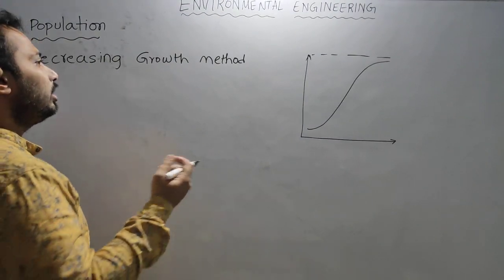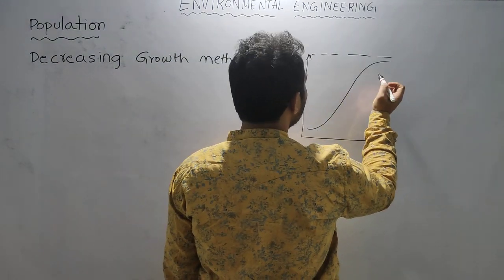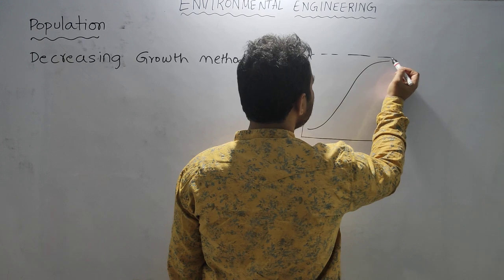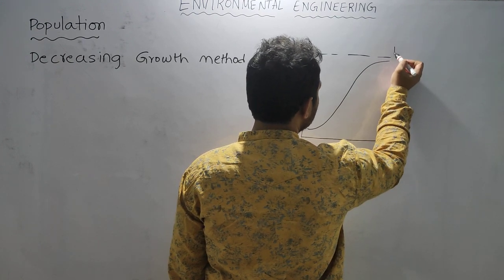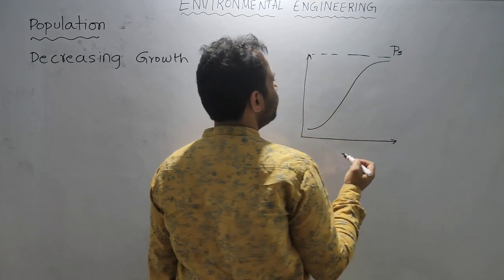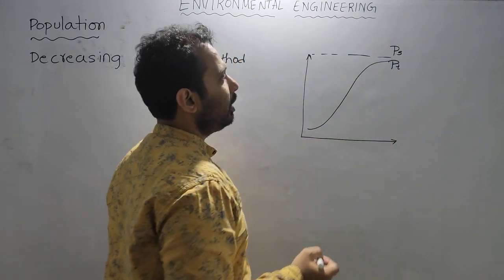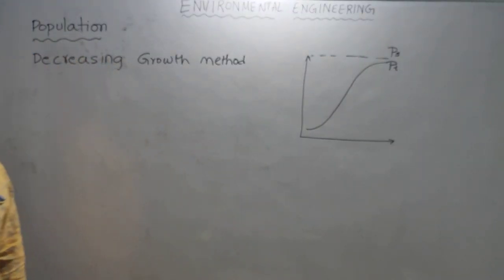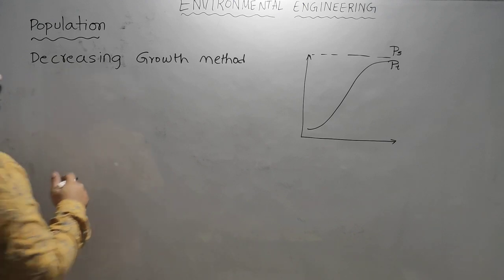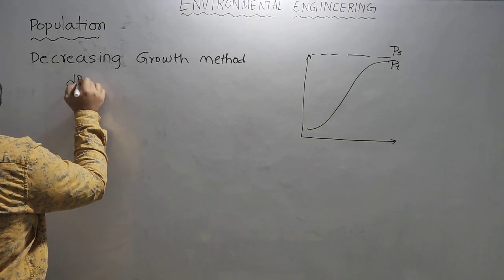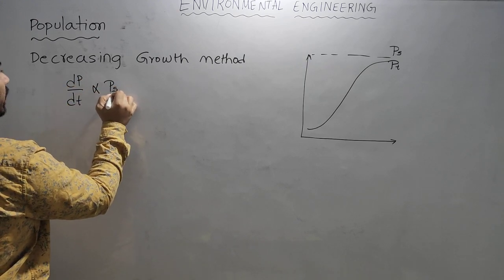If you observe this graph, it is approaching towards the saturation. So this is PS, and this is PT. So here dP by dt is proportional to PS minus PT.